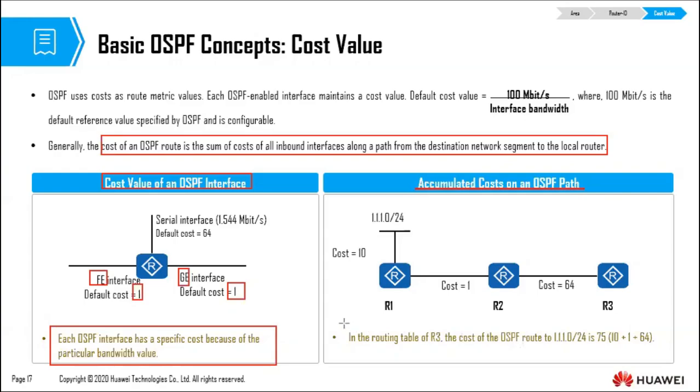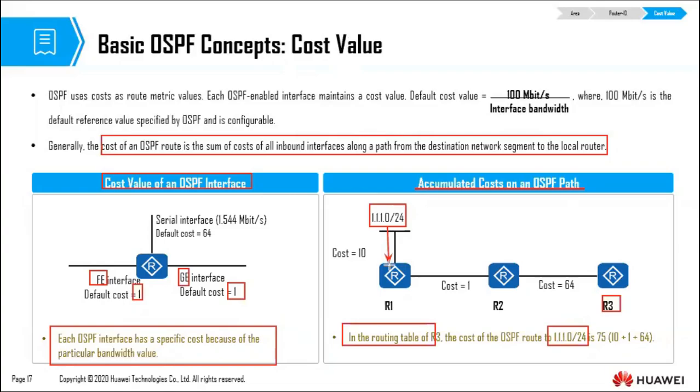So what we do is that in the routing table of R3, the cost of the OSPF route to this network, in R3, the cost of this is equal to what? It is 75. 75 meaning we start from here, all the inbound interfaces from the destination.